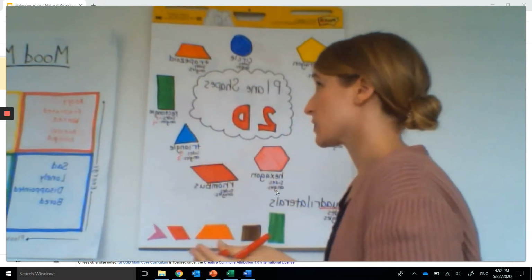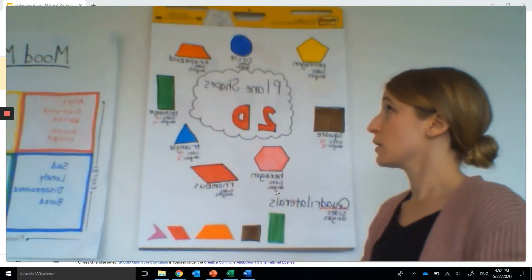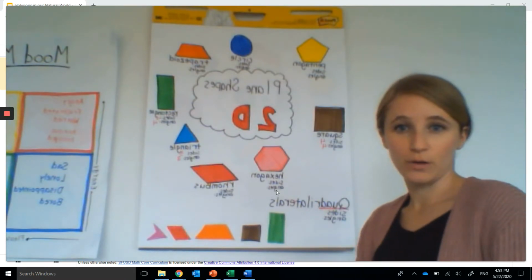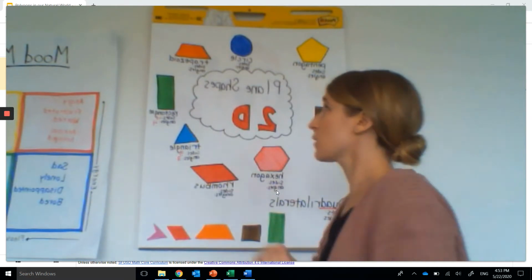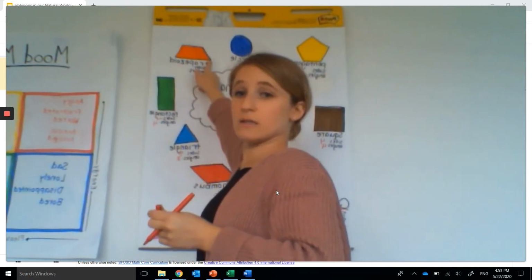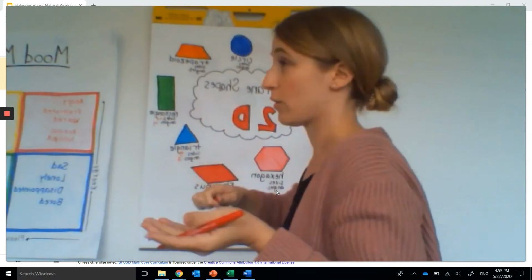Okay, so that's what makes it a little bit different than a rectangle or a square, and its name is a trapezoid. So think, how many sides and how many angles do you see on that trapezoid? I count 1, 2, 3, 4 sides, and 1, 2, 3, 4 angles. I'm betting you guys counted that too.